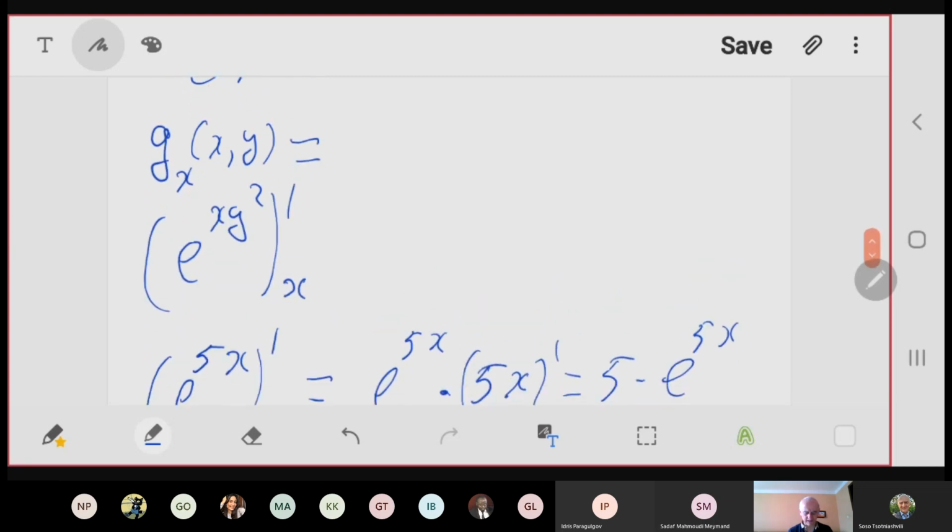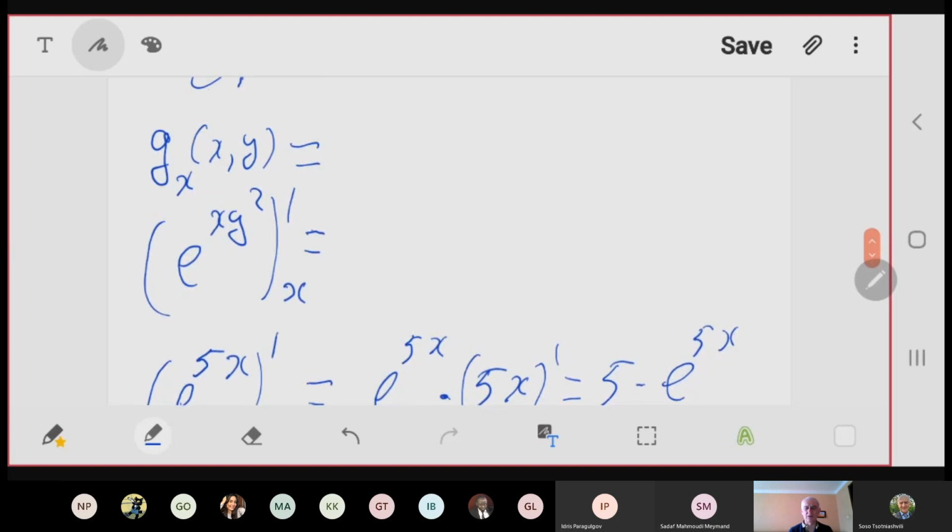And we can use this analogy here, and we can write down that the derivative of the first term e to power x y square is y square times e to power x y square plus, in the second term y cube is a constant, so the derivative is 2 times y cube, and the derivative of 2 is 0.